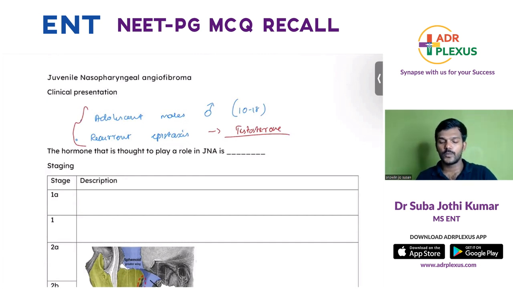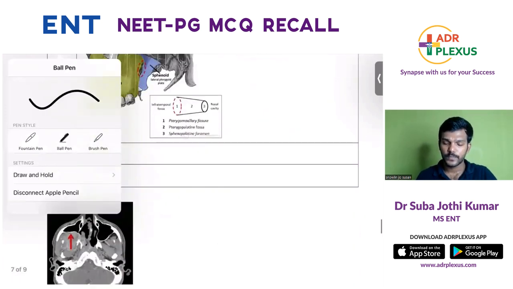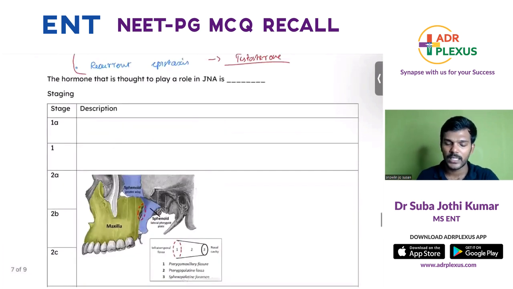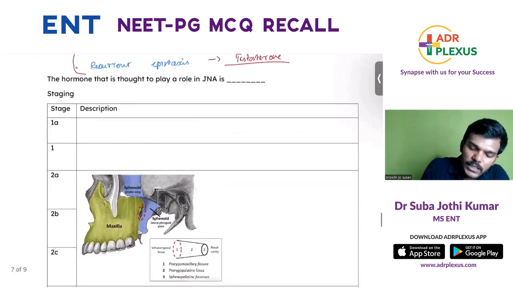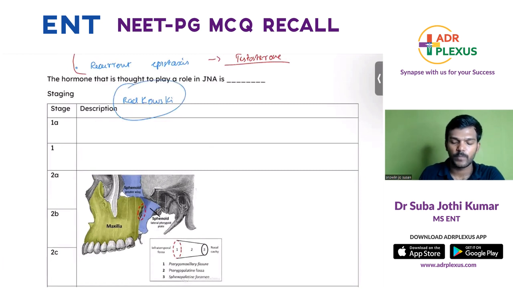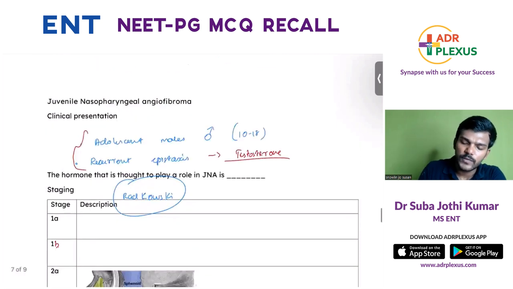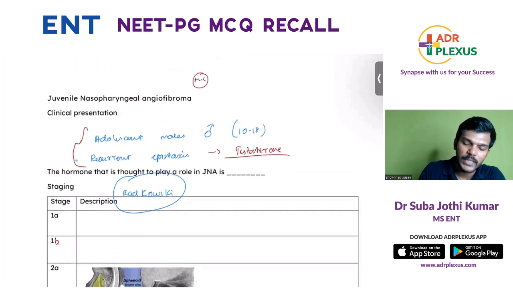Okay. So endoscopically you can examine the patient and finalize the diagnosis. How could you stage the tumor? Staging can be done by Radkowski. Staging is Radkowski staging. Okay. So 1A and 1B. Which is the most common site of JNA? The most common site of JNA is the sphenopalatine foramen.